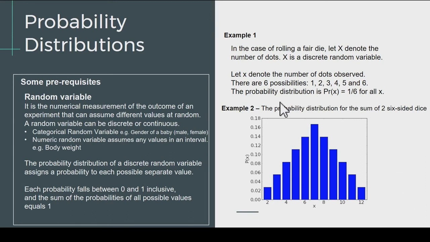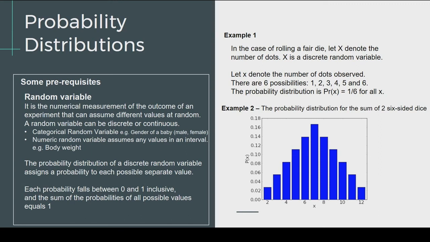What we're doing is we're trying to showcase the probability distribution for the sum of two six-sided dice. So a single dice, which is let's say a fair dice, has six sides and it will have values from 1 to 6, and you have two of them. Now when you roll two of them, you're trying to look at the probabilities of the different values that make an outcome, which is the sum of those two dice.